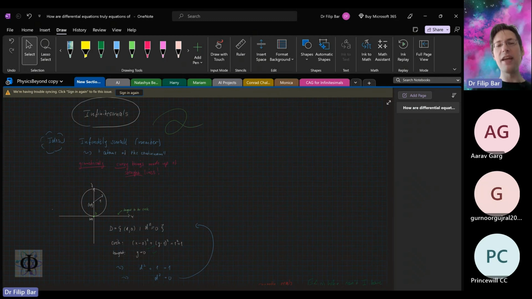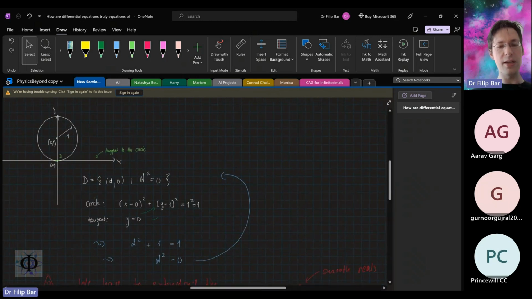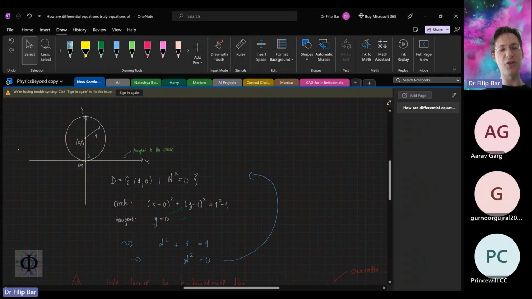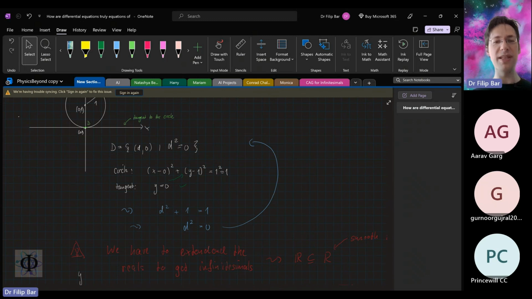If something is curvy and I'm zooming in infinitely close, it becomes a straight line around every point. And that's something that we now wanted to model mathematically. So we were looking at the example of a circle, which we put into a nice coordinate system and turned into equations. And we said, well, if you want these infinitesimals to exist, then you have to accept numbers that square to 0 but are not provably equal to 0. You can't prove them to be equal to 0.